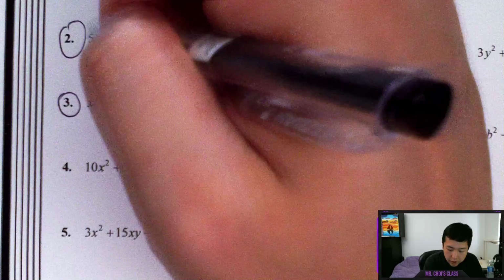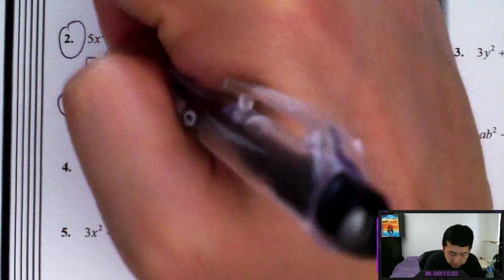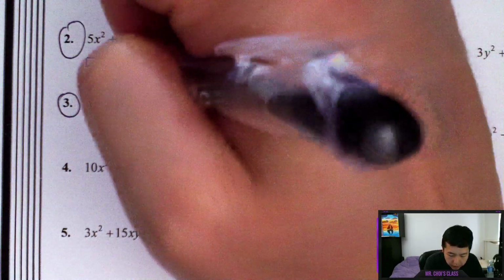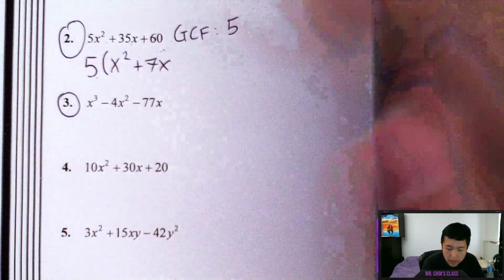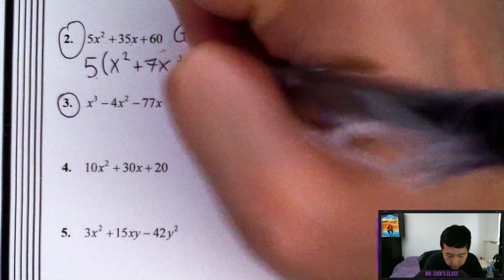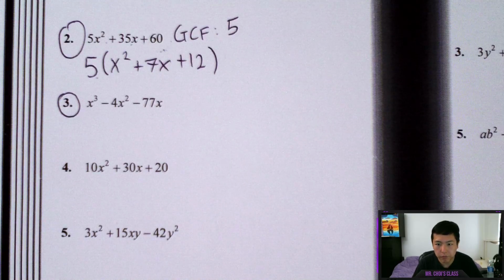So 5x squared, so 5 divided by 5 is 1, x squared stays. 35 divided by 5 is positive 7, and the x stays. 60 divided by 5 is 12, and there's nothing else there, so there's our answer. Okay? There's our answer.